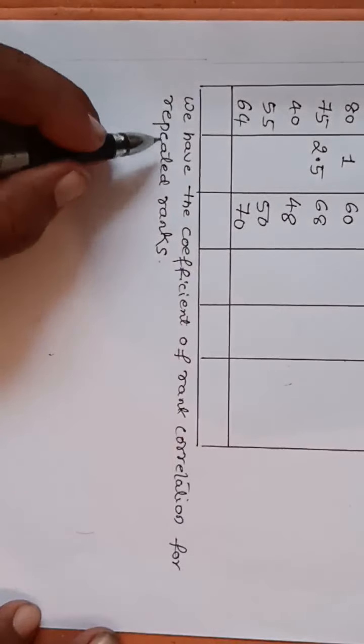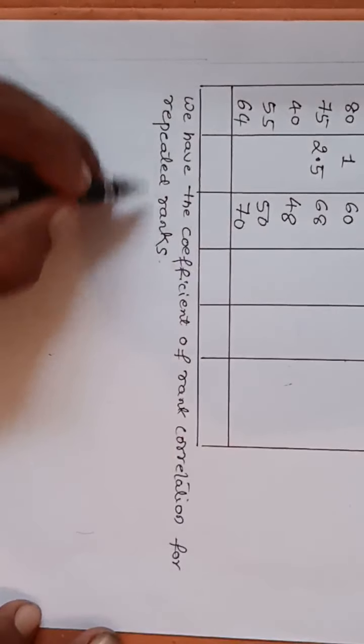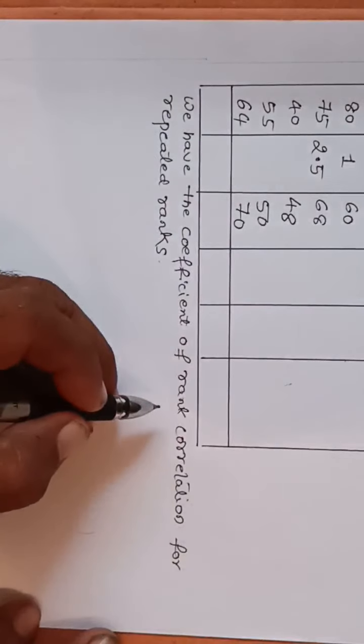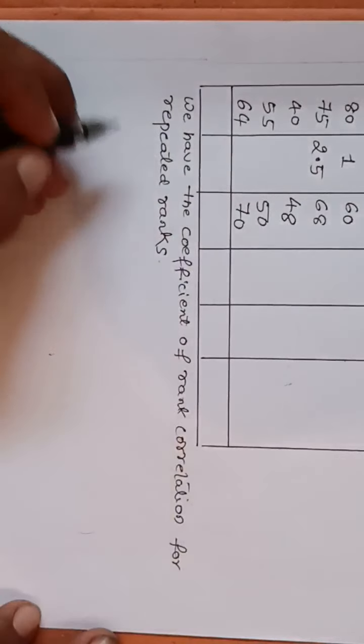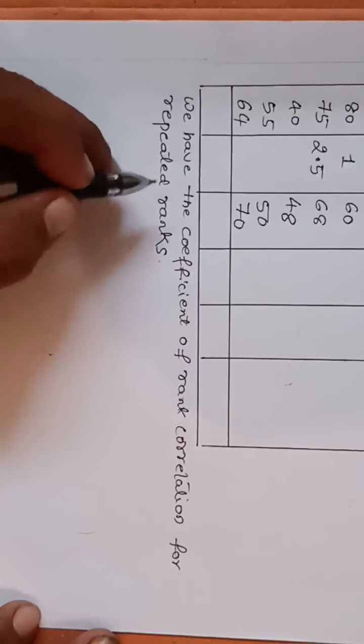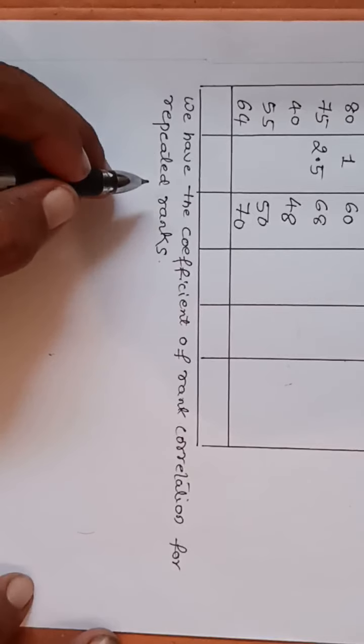And we have a formula for the coefficient of rank correlation for the repeated ranks. The ordinary formula, you know, is rho equals 1 minus 6 sigma d squared divided by n into n squared minus 1.